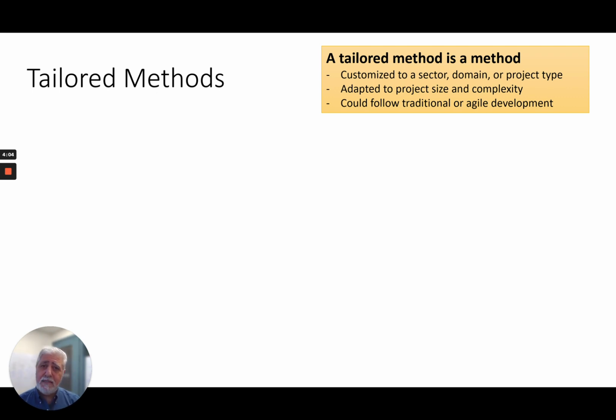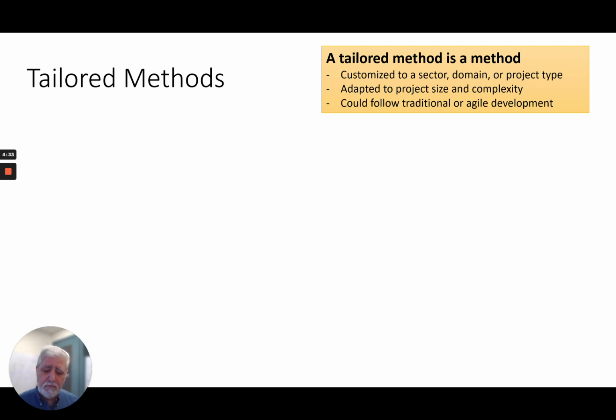So a tailored method is a method that has to be customized to a sector, domain, or project type. In other words, I cannot use the same method for managing an oil and gas project versus managing a hotel development project versus managing a marketing or a software development project. So I have to customize the methodology to fit the sector, domain, or project type that we need to work on.